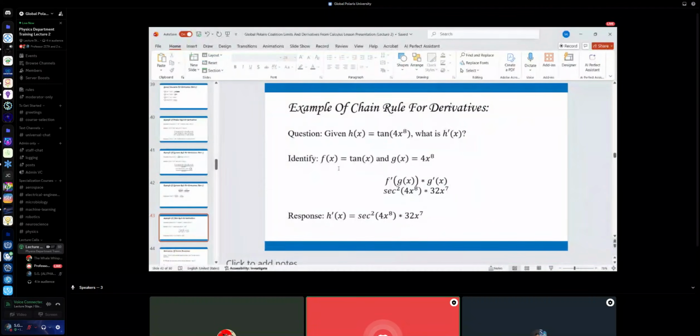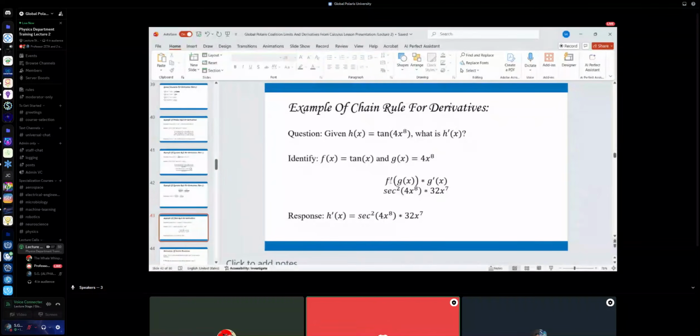What's outside, f of x, is tangent of x. What's inside, g of x, is 4x to the power 8. So with this formula, the derivative of tangent of x is secant squared of x, and the derivative of 4x to the power 8, our power rule tells us, is 32x to the power 7.